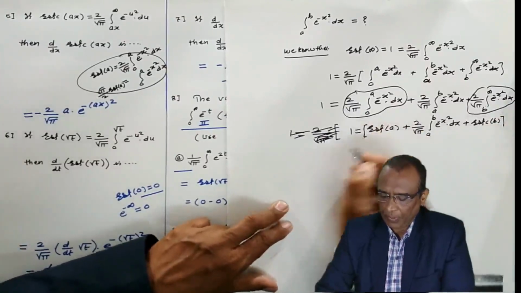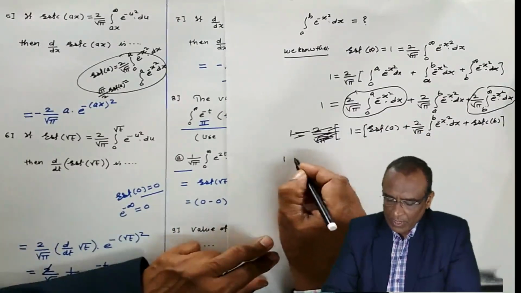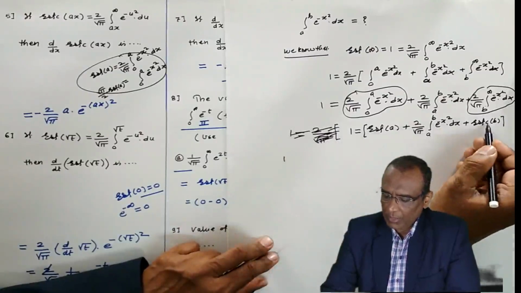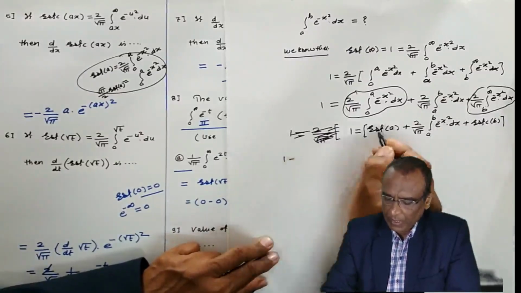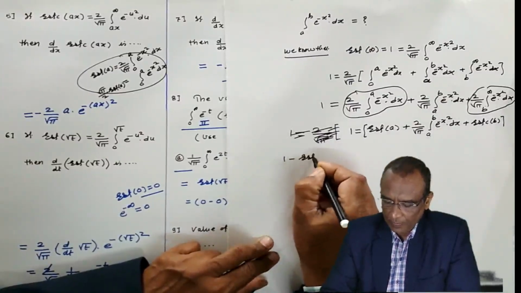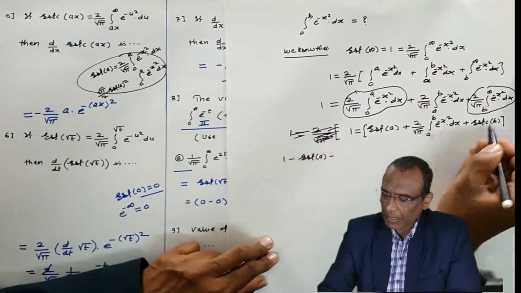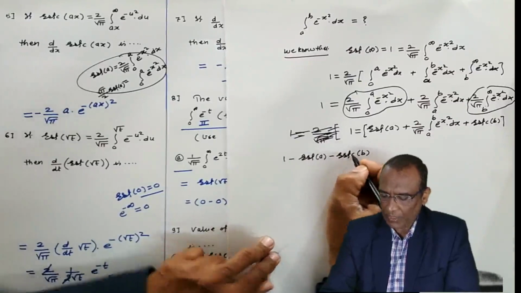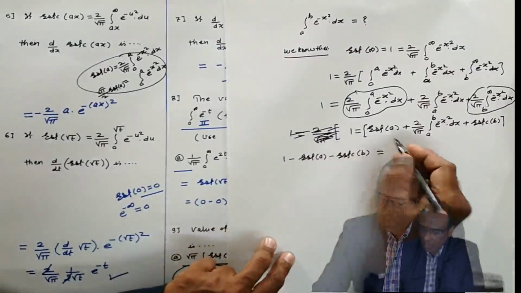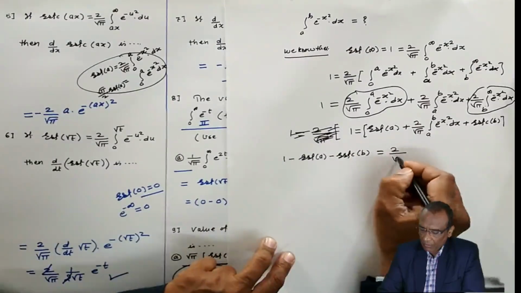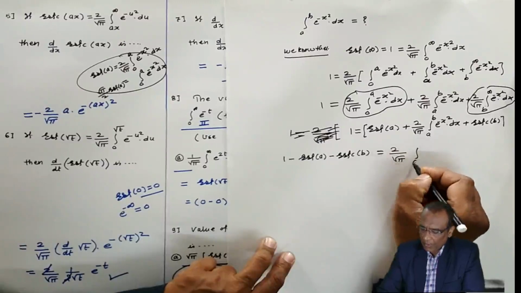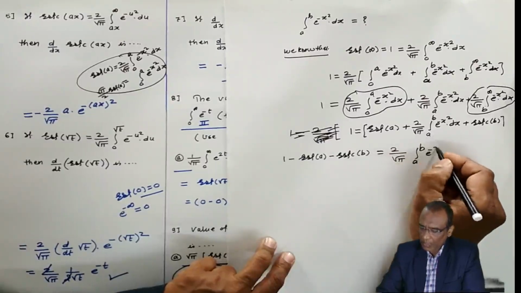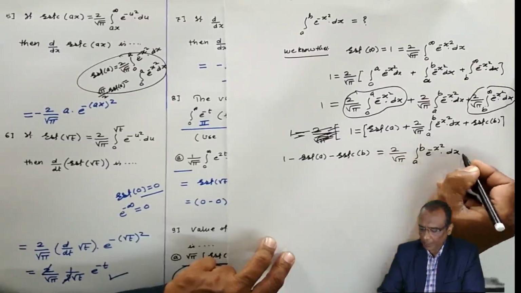Now this I am shifting on the left hand side: 1 minus error function of a minus complement of error function of b. On the right hand side, what is left now? Integral a to b e to the power minus x square. This is remaining.